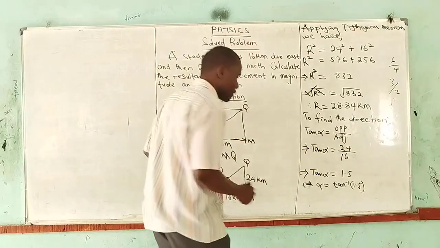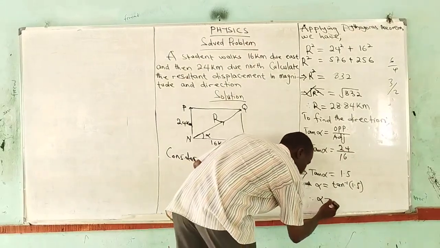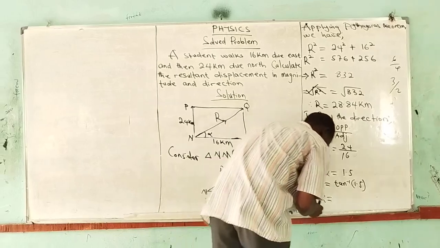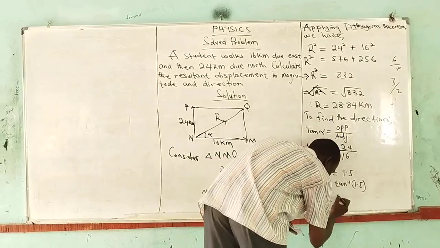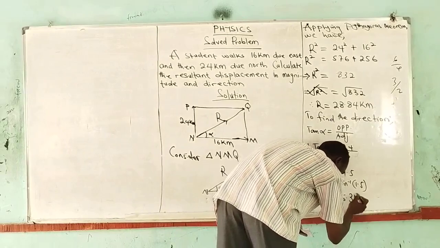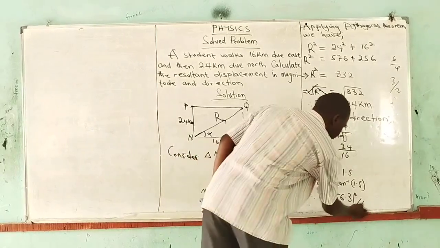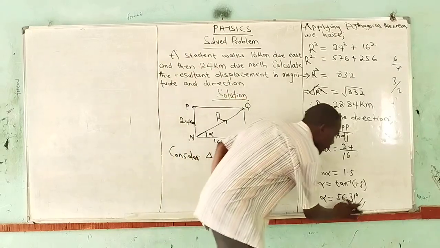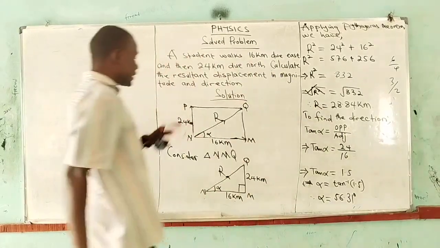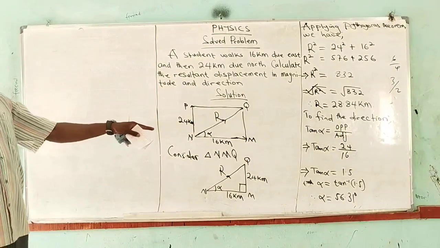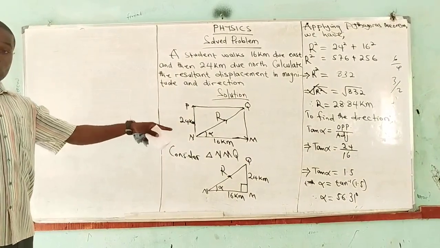The result will display. So therefore, our alpha is 56.31 degrees.